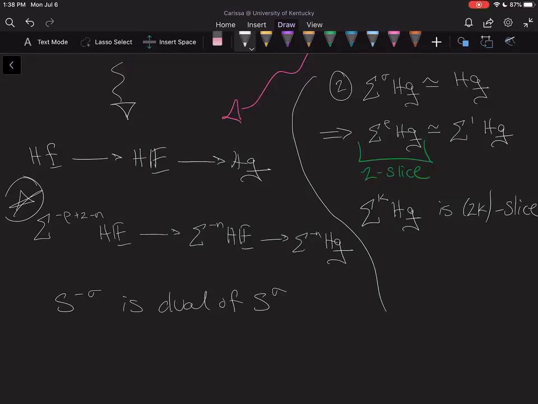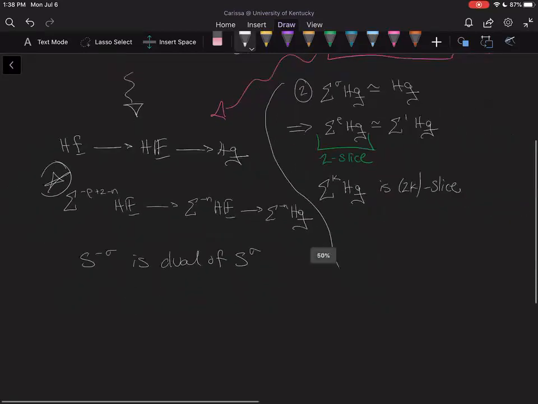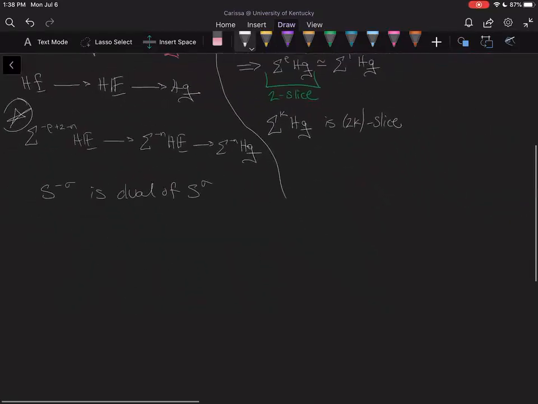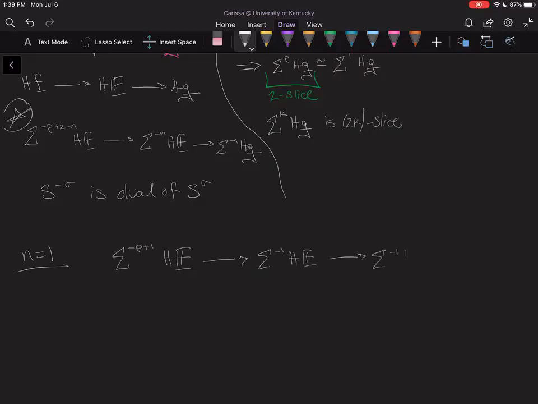All right, let's start calculating a couple of things. What happens when n is 1? Well, we're going to get a negative rho plus 1 suspension of HF to the negative 1 suspension of HF to the negative 1 suspension of HG. All right. This is a negative 2 slice.